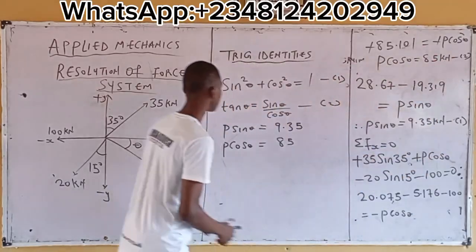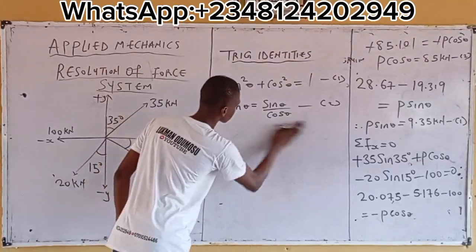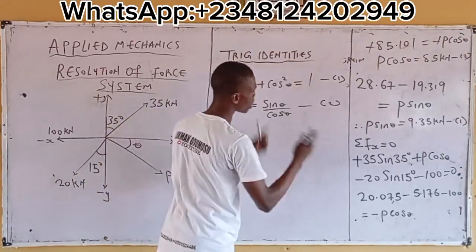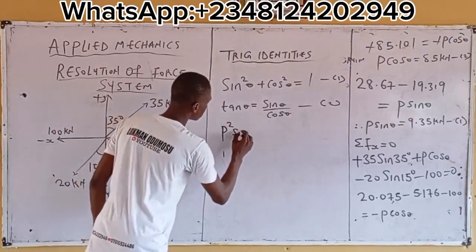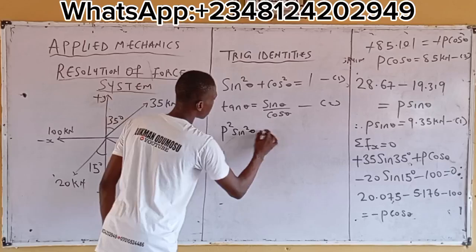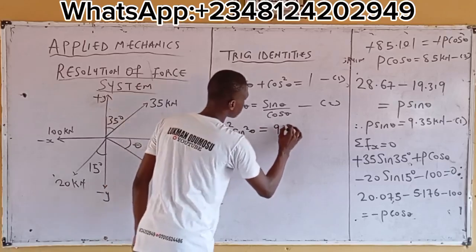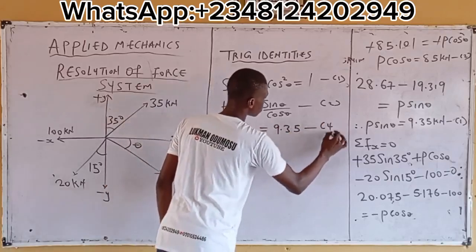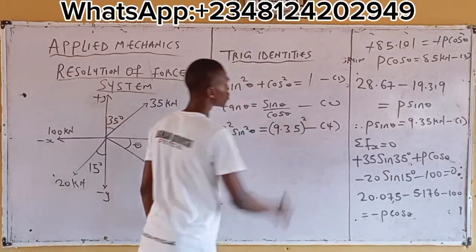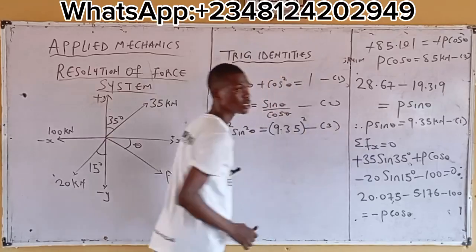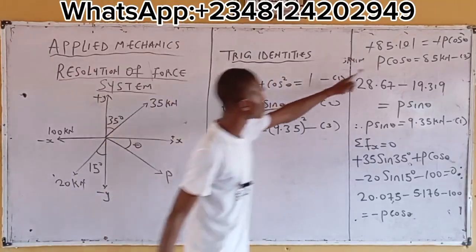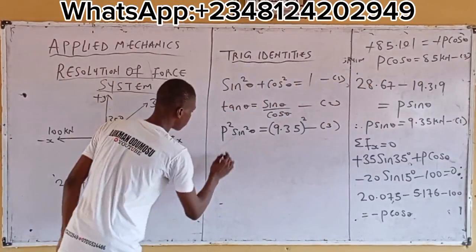Now, by doing that, this becomes what? From equation 1, squaring both sides, we have P square sin square theta is equal to what? 9.35 squared. Call this equation 3. Now, for equation 2, same idea. What do we have?